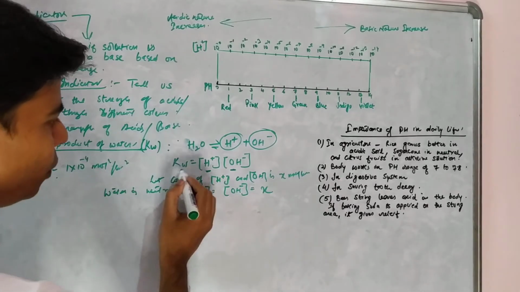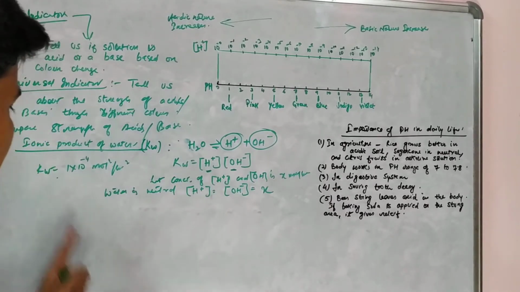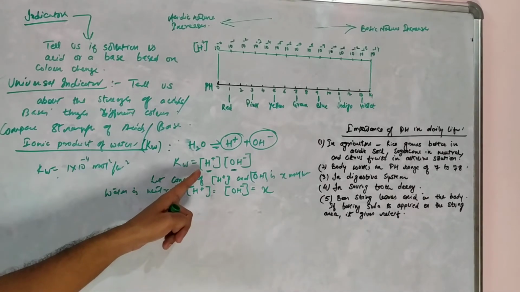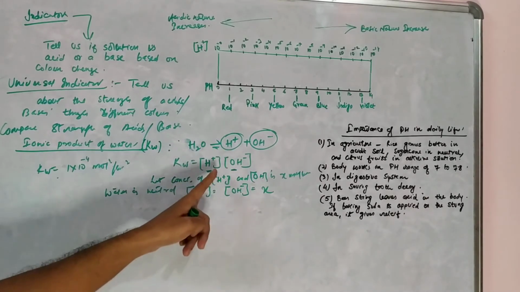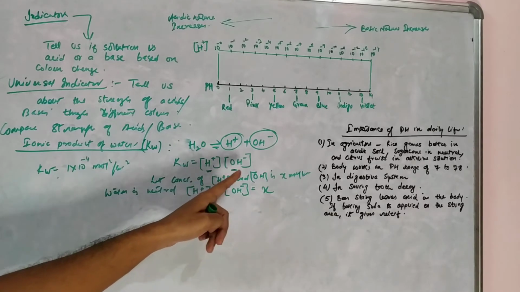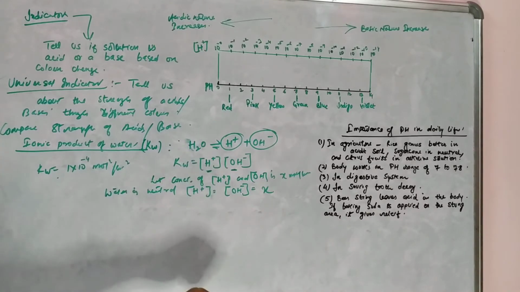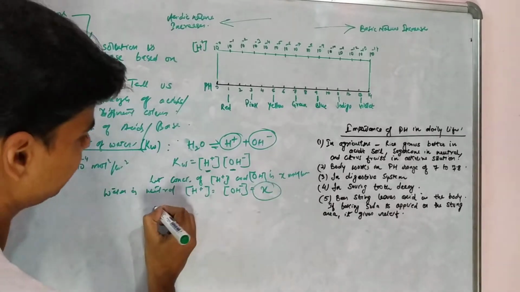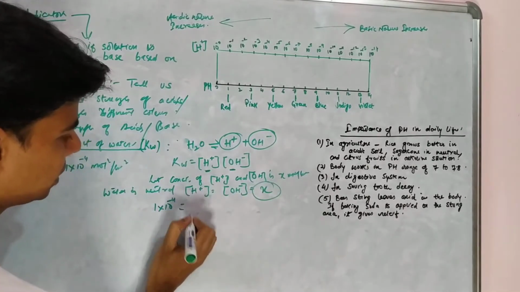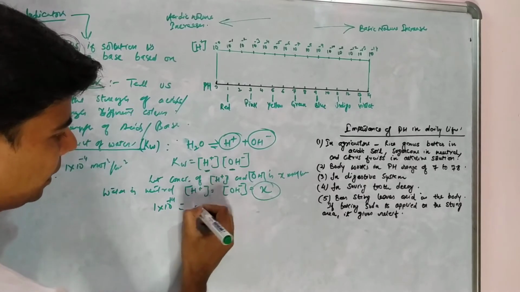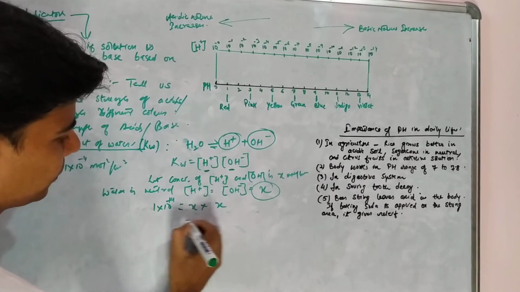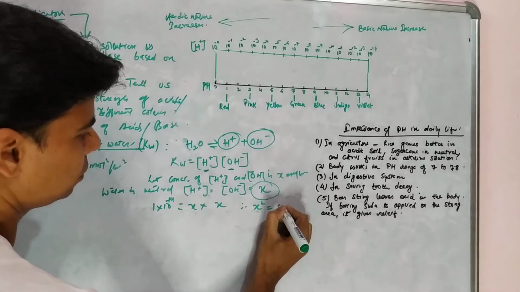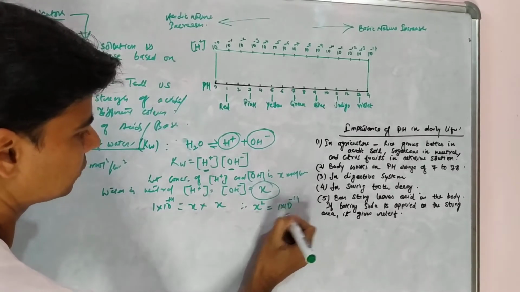So now we know the value of Kw through experiments. It's 1 into 10 to the power of minus 14, and we have supposed that since water is neutral, it contains the same number of hydrogen and hydroxyl ions, X. So let's put in all the values. 1 into 10 to the power of minus 14 equals X into X. Therefore X square is equal to 1 into 10 to the power of minus 14.